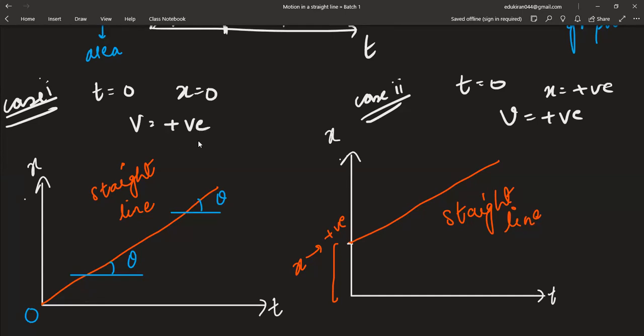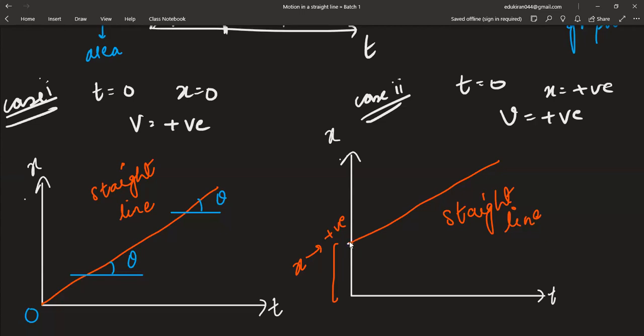So if you want the velocity to be positive, time to be 0, position to be 0, follow this. Now suppose we want time to be 0 and velocity positive, but we don't want the position to be 0. We want the graph starting from some position, where the body has already covered some distance. In such a case, instead of starting from the origin, we'll start at a point x along the position axis.